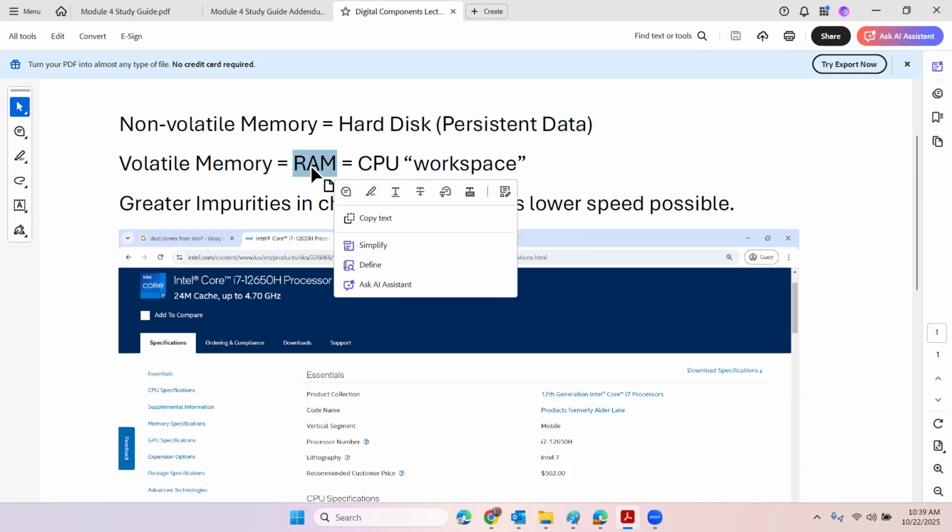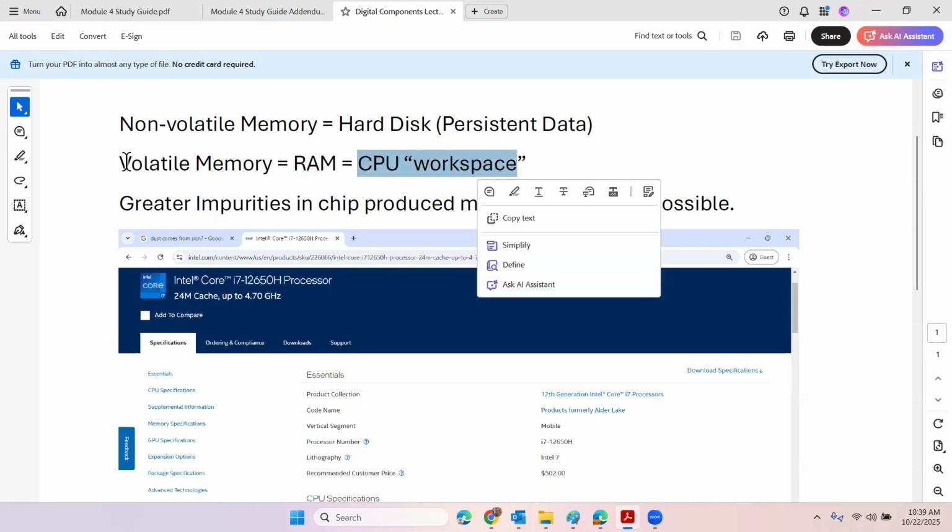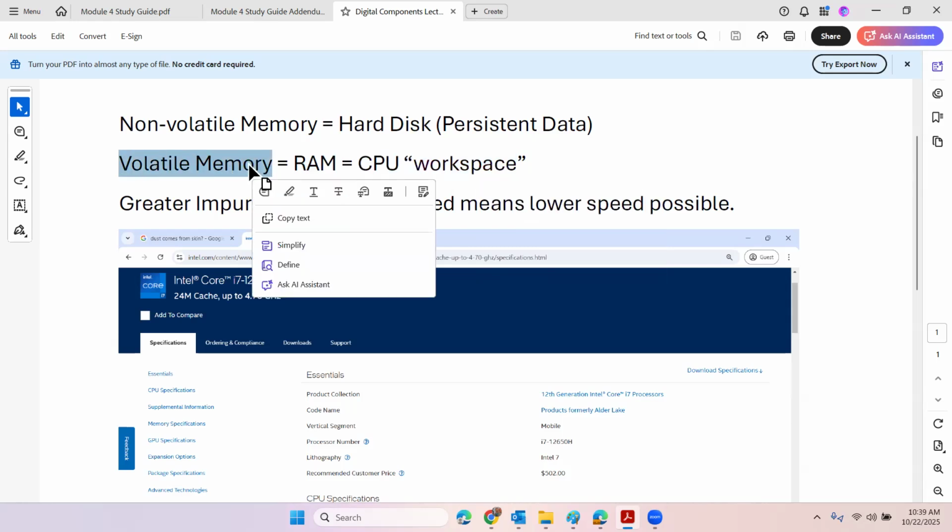Now that's much higher speed memory. And again, it's like the workspace for a CPU. But when you power off a computer or a mobile device and you wait just a few seconds, the ones and zeros, the digital information, the data doesn't last. That's called volatile memory, right?